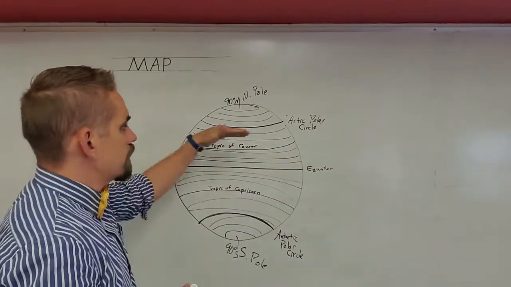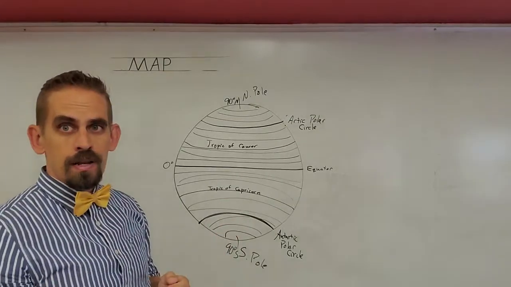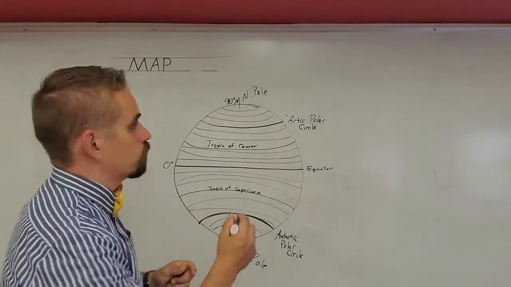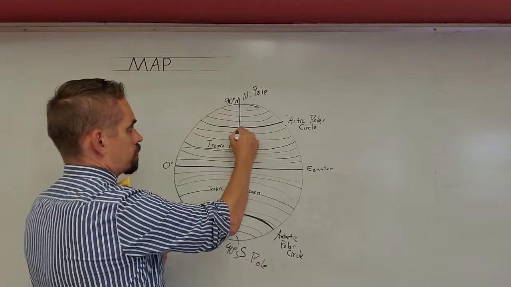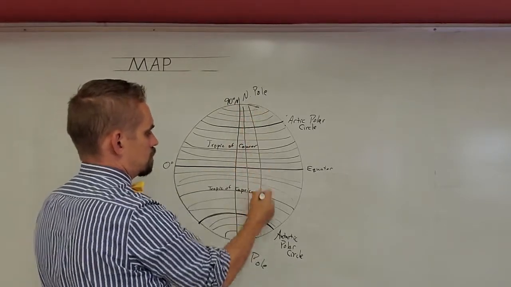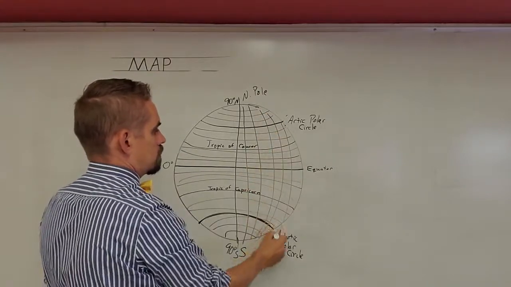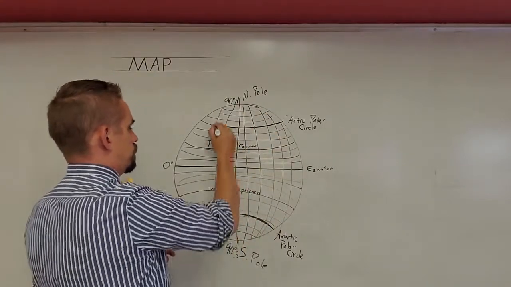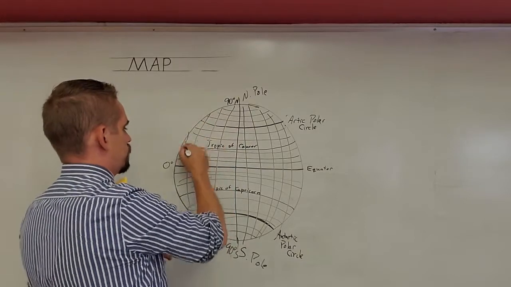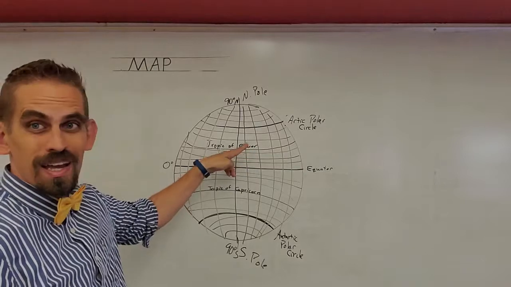But these are lines of latitude going that way. The meridians are lines of longitude, which go north-south. And what happens is you have places where they intersect.